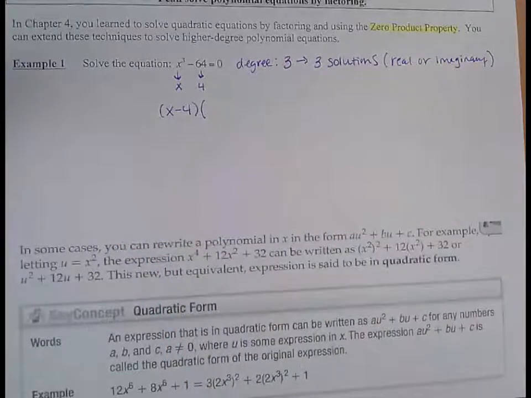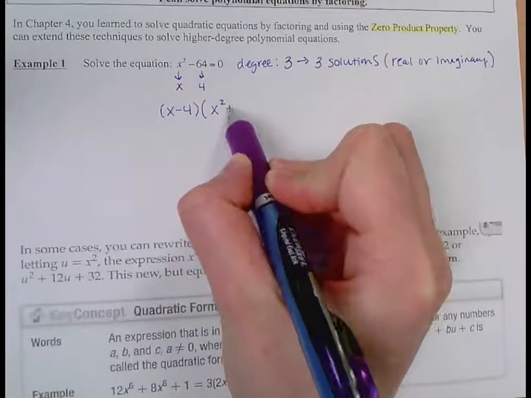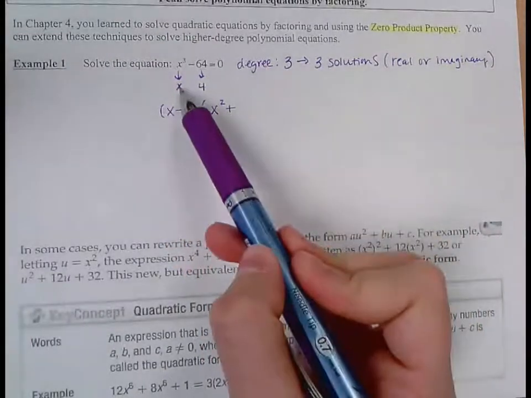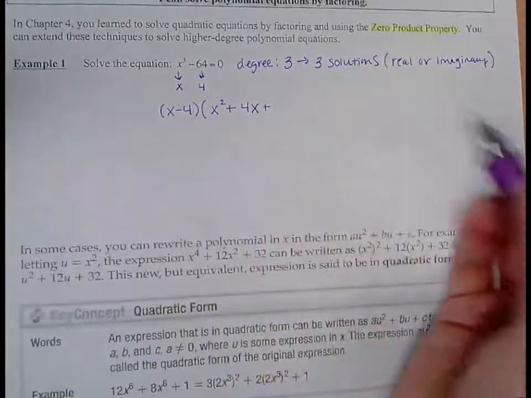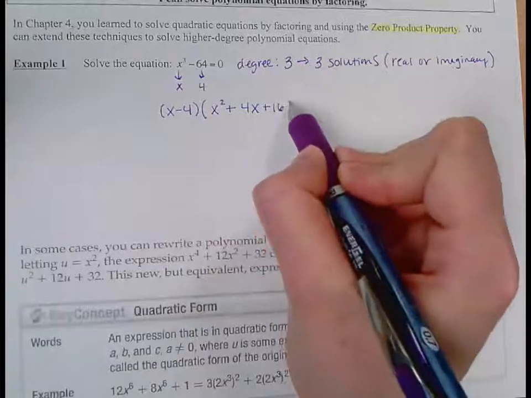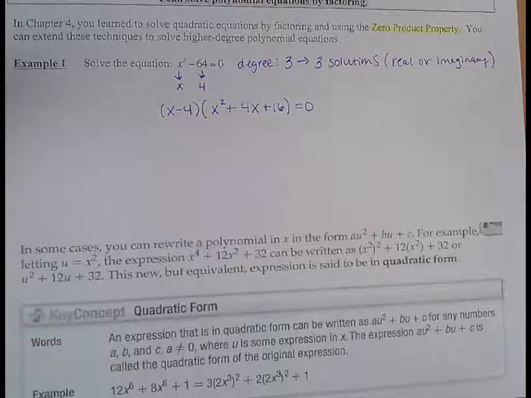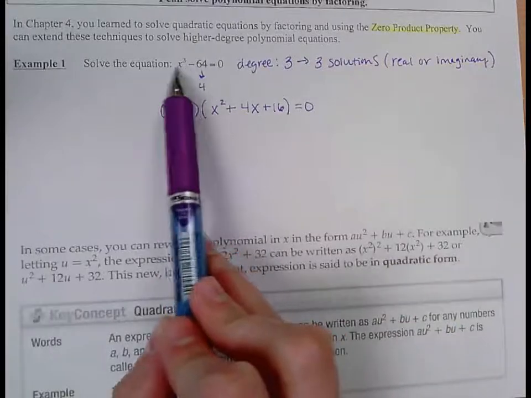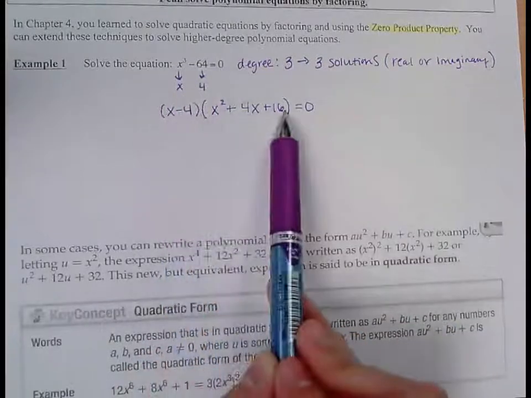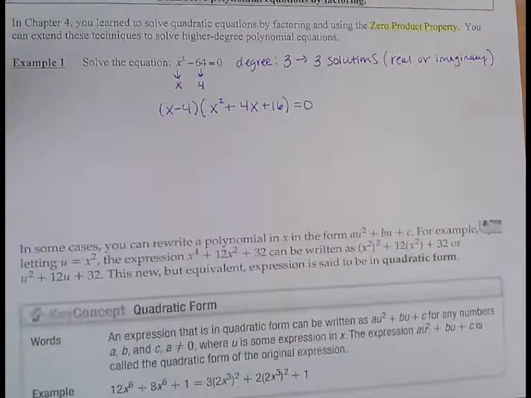That's one factor, times a squared, so in our case, that's x squared, plus a times b, which is x times 4, or 4x, plus b squared, which is 4 squared, that's 16. And then I have equal to 0. I know I mentioned yesterday at least once, once you factor a sum or difference of cubes, this is fully factored. You can't factor this any further. So that's as much factoring as we can do.